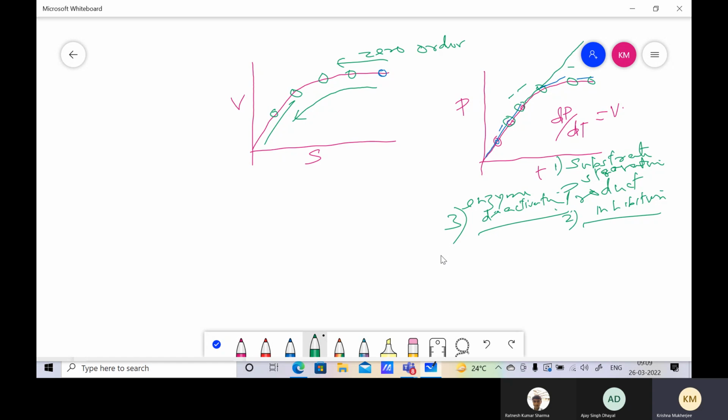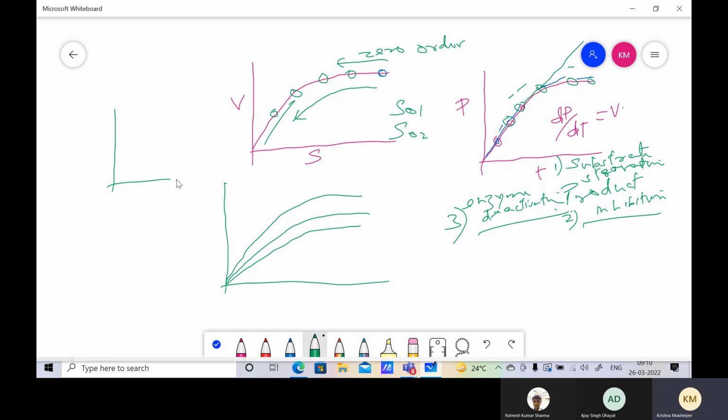Obviously the logical answer is that we start with different substrate concentrations, S01, S02, and so on, and we get graphs like this. Or we may get graphs like this.